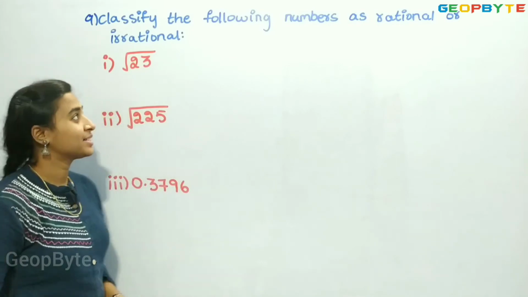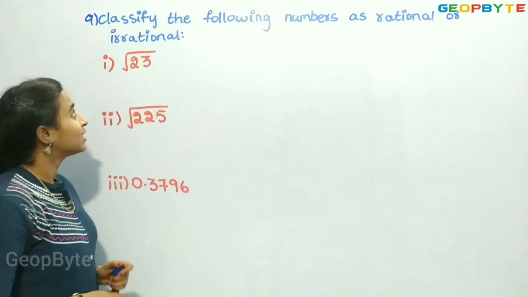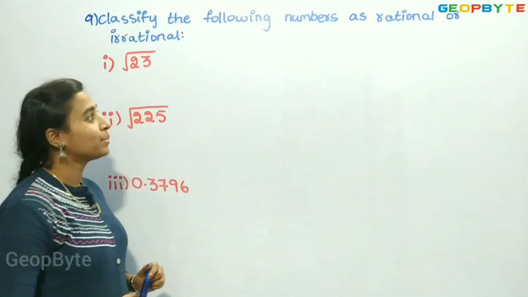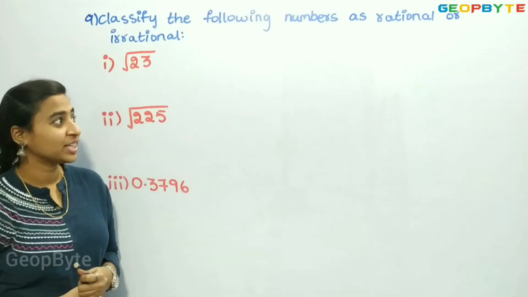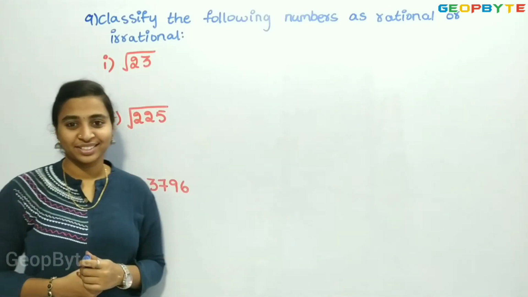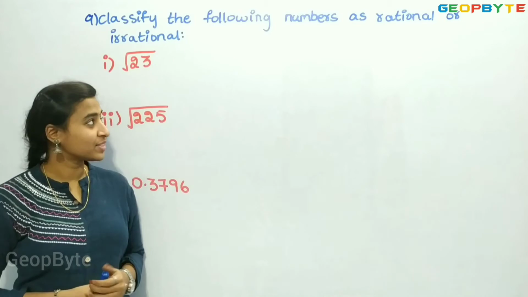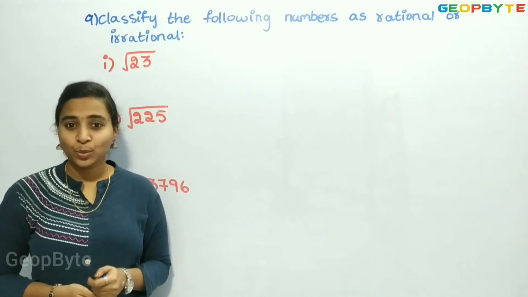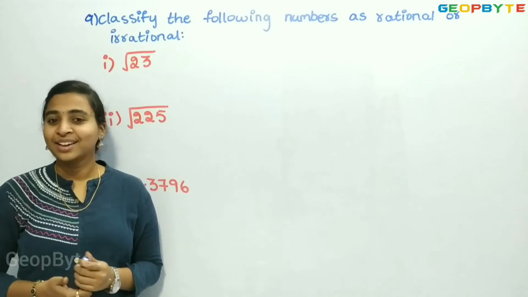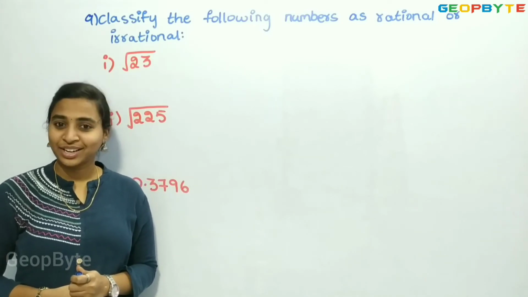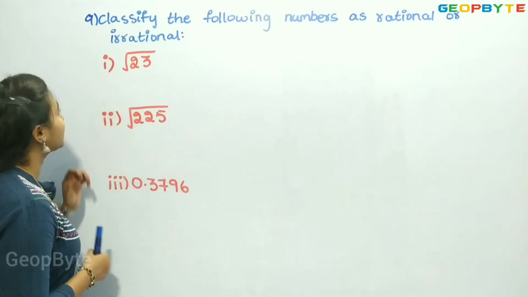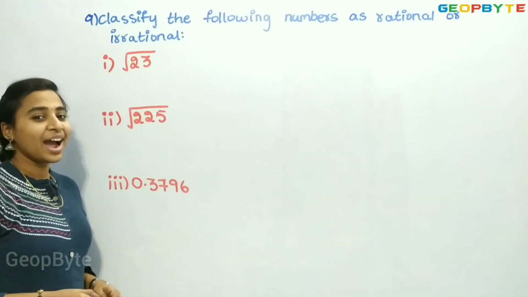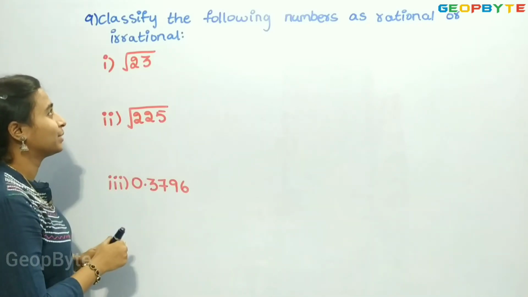Now let us see the 9th question. Classify the following numbers as rational or irrational. Below we have some questions. We need to classify each whether it is a rational or irrational number. Let us see the first question. We have under root 23.